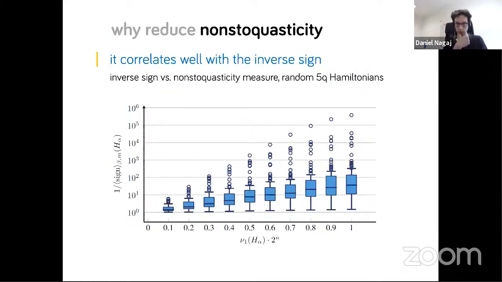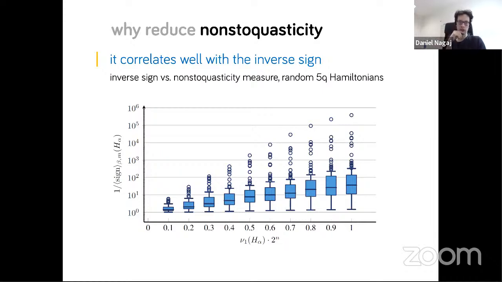Now, is it any good? Our results show that it is, that for systems that we were able to investigate numerically exactly, or actually calculate the inverse sign by quantum Monte Carlo, the inverse sign correlates pretty well with our non-stochasticity measure.